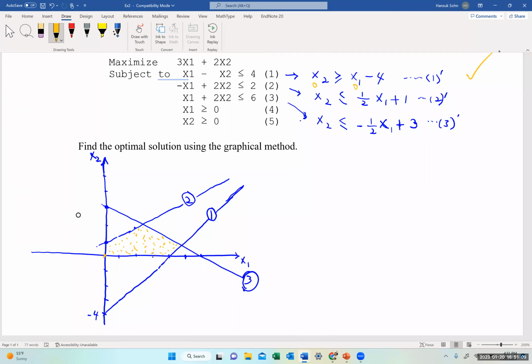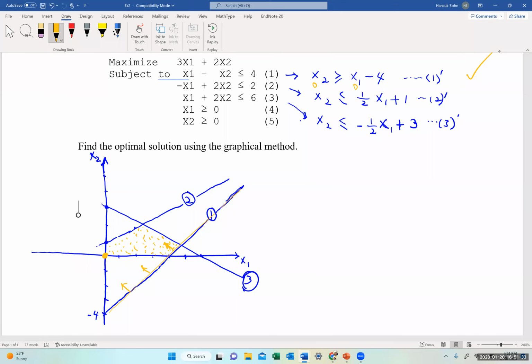So concerning the first constraint, the feasible region should be this side. In a way, the origin point should be one of the feasible points, okay?